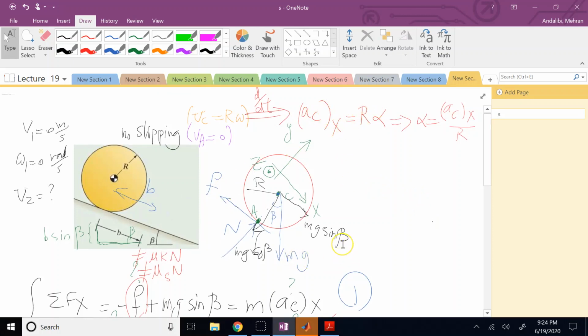So here, let's see. Your alpha is in this direction, right? And your a_c in x is in this direction.